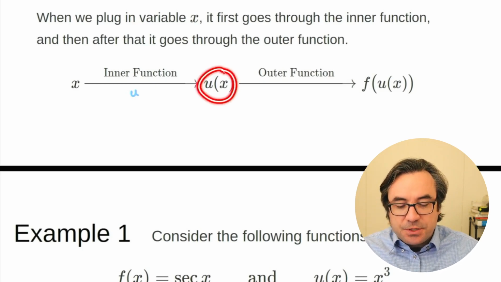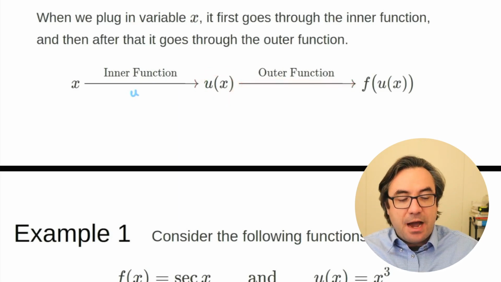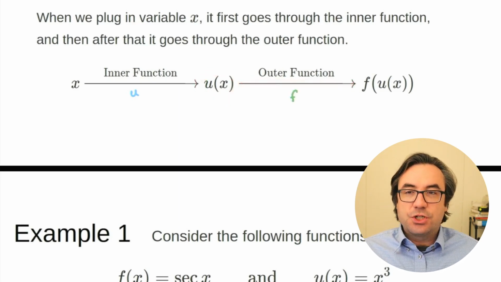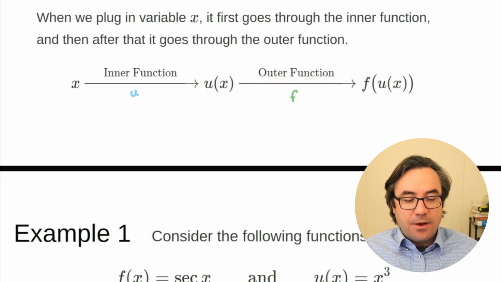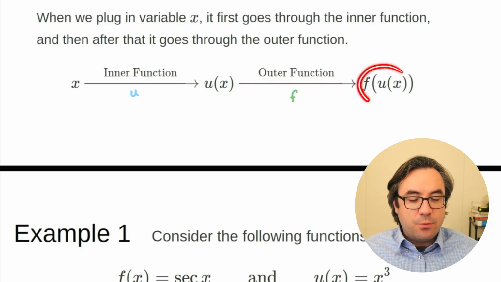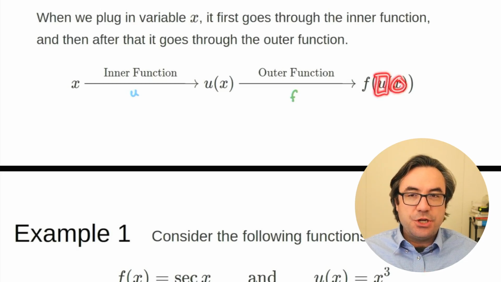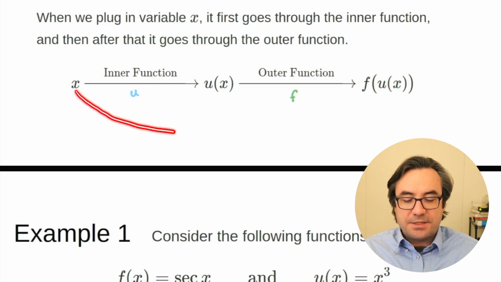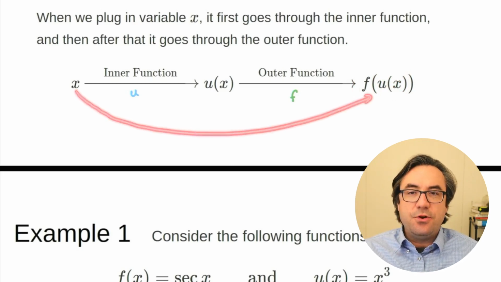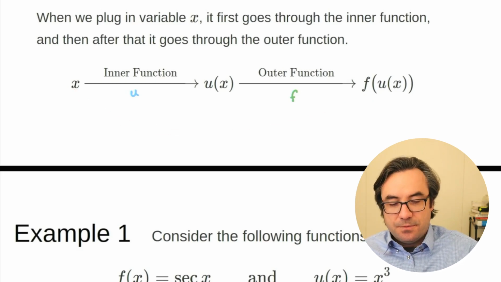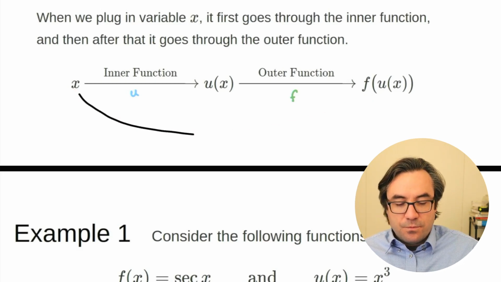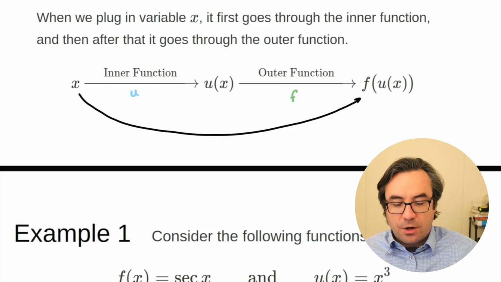Then we take this result and we plug it into the outer function, which is function f. And when we do that, we end up with the end result. So we take x, plug it into function u, and then take that result and plug it into function f. And so this whole process gives us a brand new function, which we can call f composed with u.